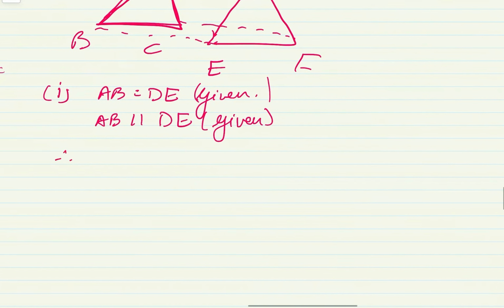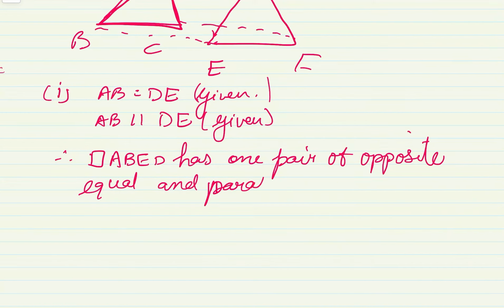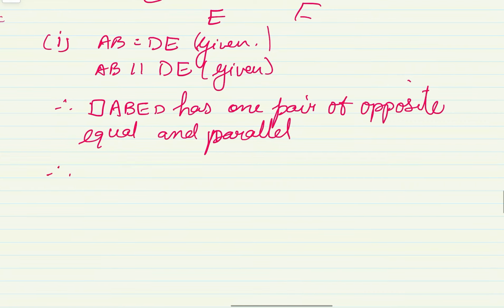Therefore, quadrilateral ABED has one pair of opposite sides equal and parallel. Therefore, quadrilateral ABED is a parallelogram.